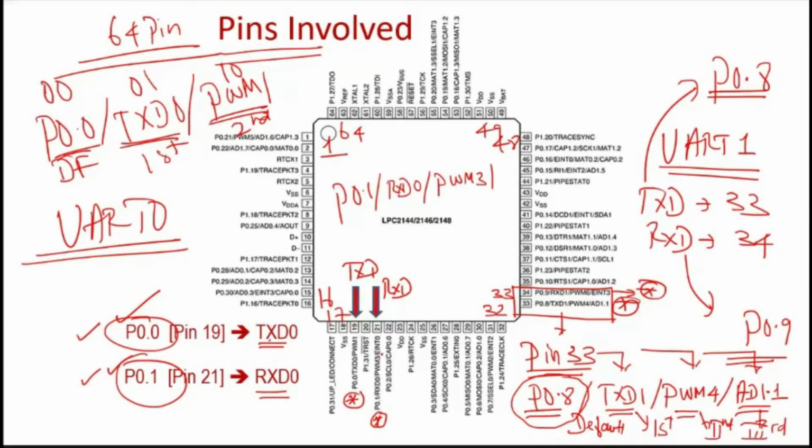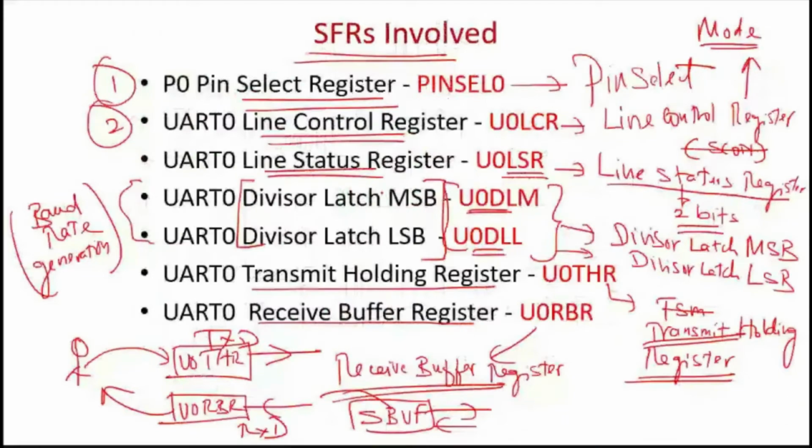This pin has 4 functions, the last being external interrupt 0, EINT0. So the default function is 0, 0. First special function, if you want, you write 0, 1. Second function, if you want, 1, 0. If you want to use the same pin as external interrupt 0, you write 1, 1. Since you are dealing with receive data, I write 0, 1 here.